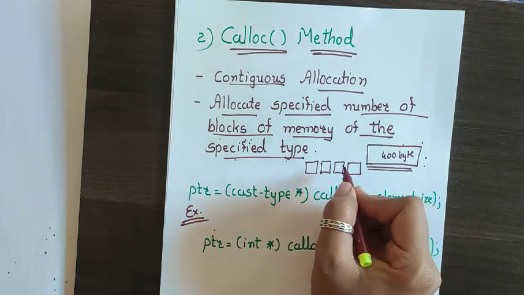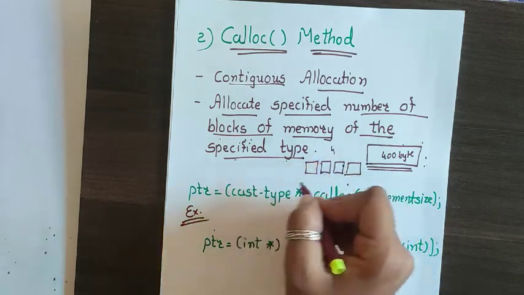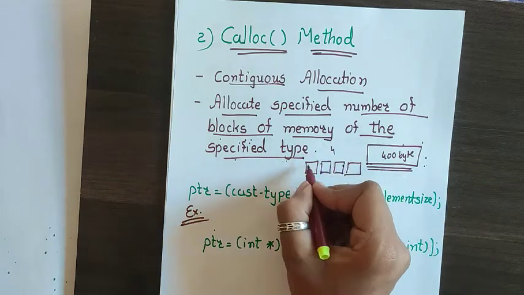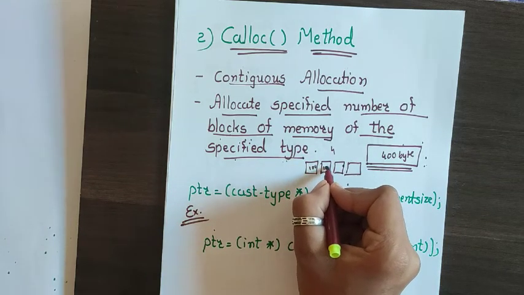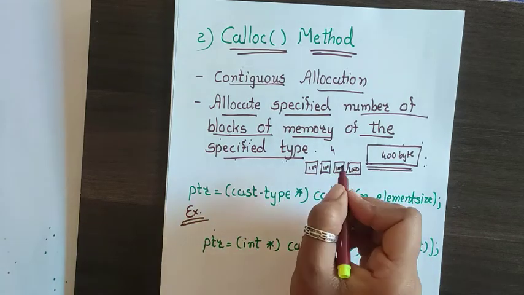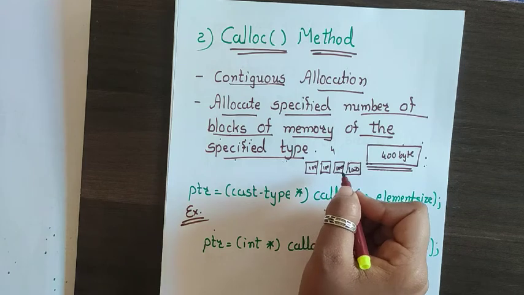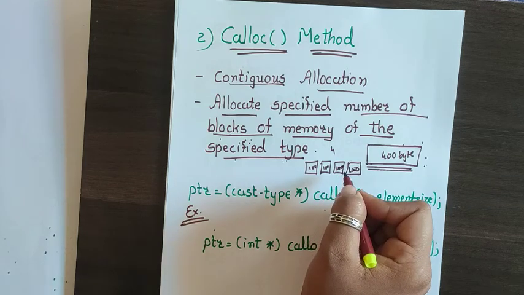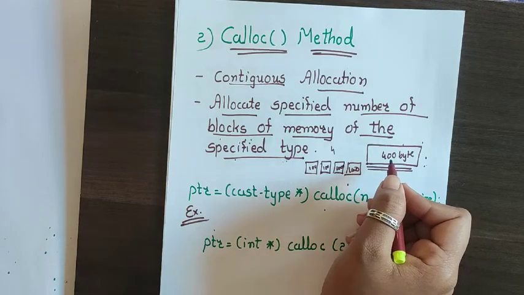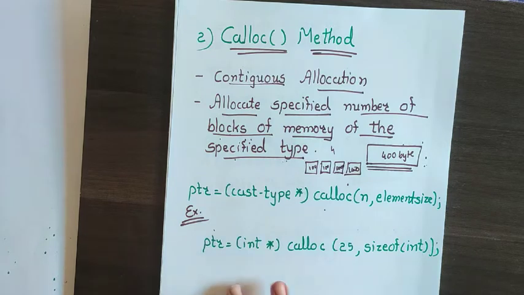Suppose I choose 4, then I get 4 blocks of a specified size. If I want 4 blocks of size 100, I can do that. So the difference is that calloc provides a number of blocks, while malloc provides only one block of a specified size.